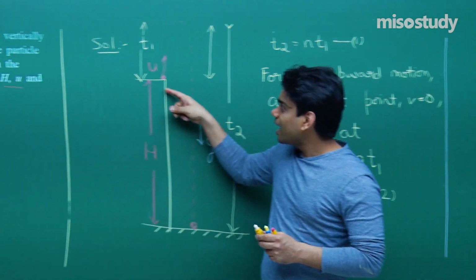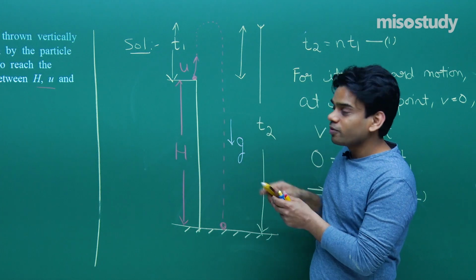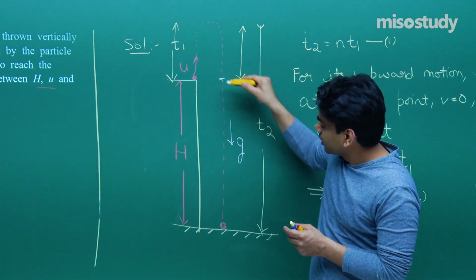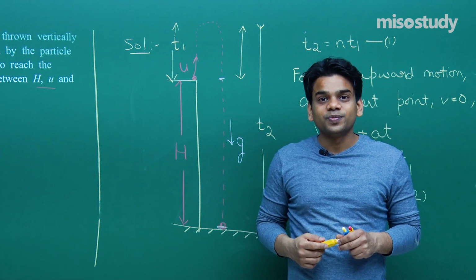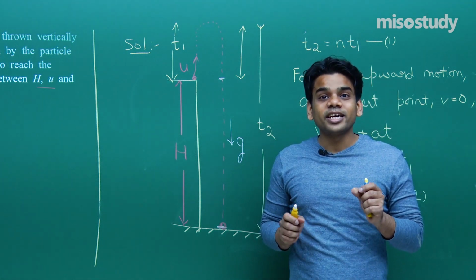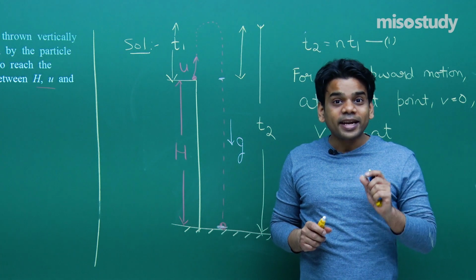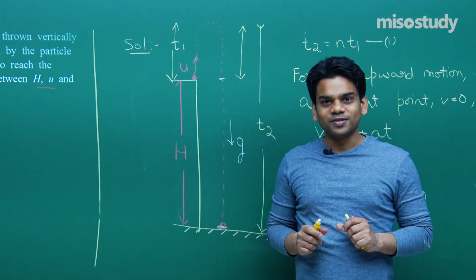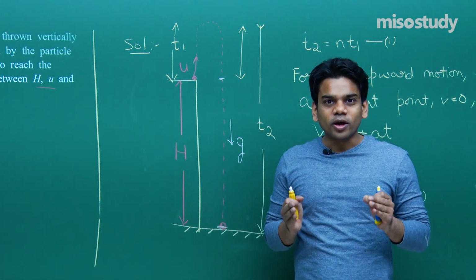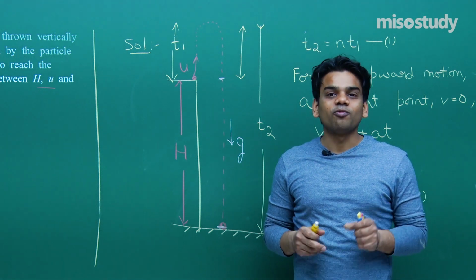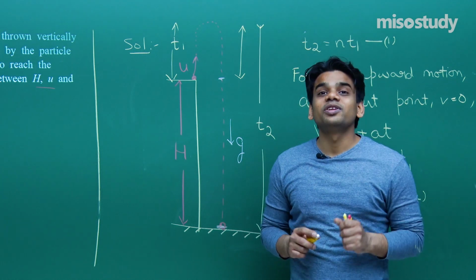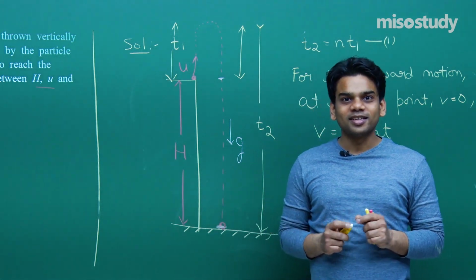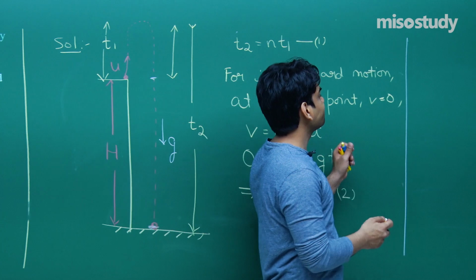As it moves up and comes down, the displacement will be only taken from here to here. In class, I have told you, displacement is only taken from initial point and final point, and its sense also should be taken wisely. The quantities related in equations of motion are vector quantities. So you have to mention displacement with proper direction.